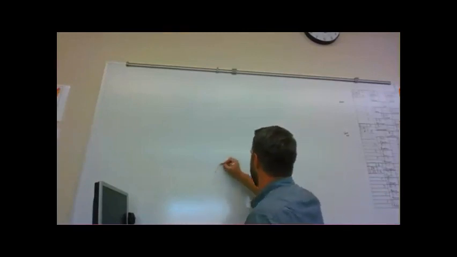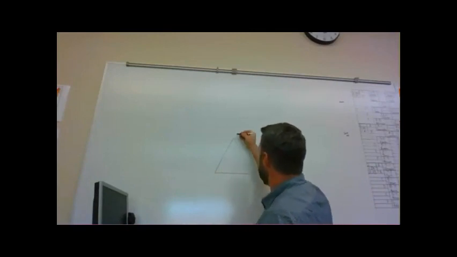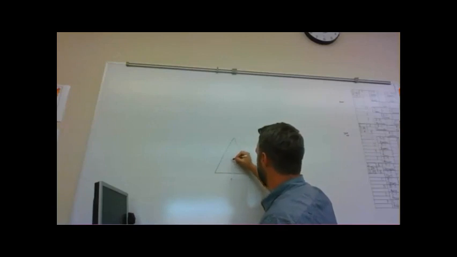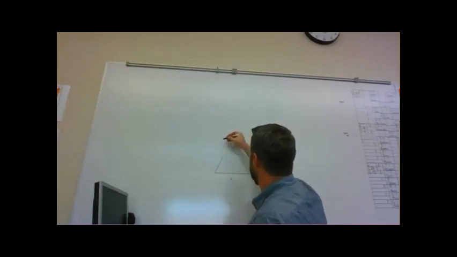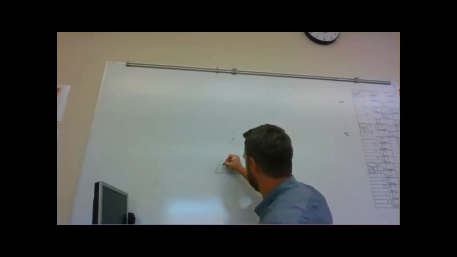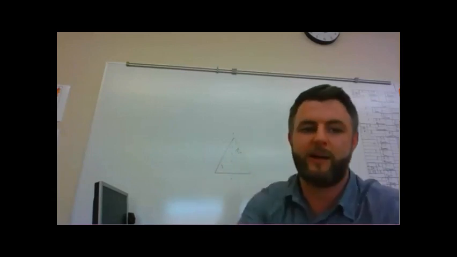So, for instance, if I have a triangle here, if I draw a line right down the middle, it's going to be the same, right? But if I draw a line like here, this side, which is side number 1, and this side, side number 2, they're not going to be the same.